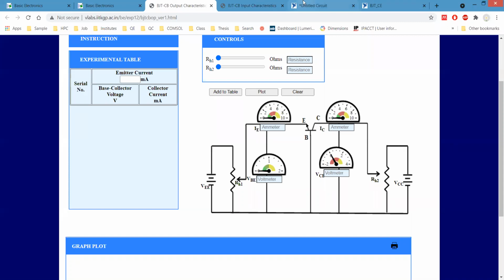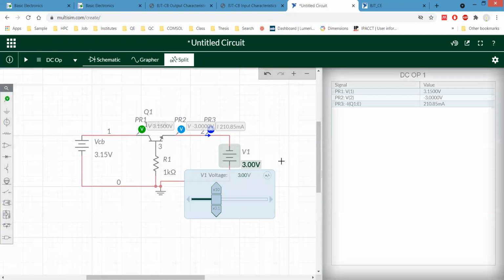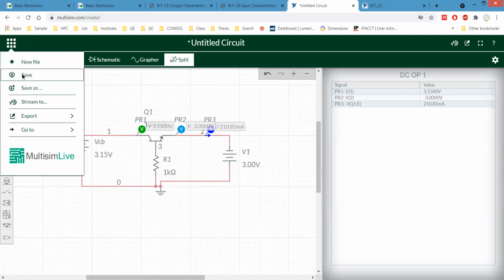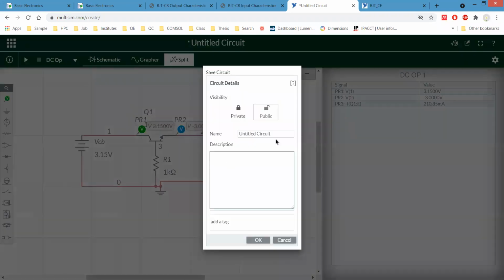So once we do it here, we can understand what was wrong. That is why these circuit simulators are very good, because they give you real life examples. If we want to make the circuit in the lab, then you have to connect the positive terminal of the battery to, let's say, the collector end or emitter end. So that is why it is very good, you people can use it.